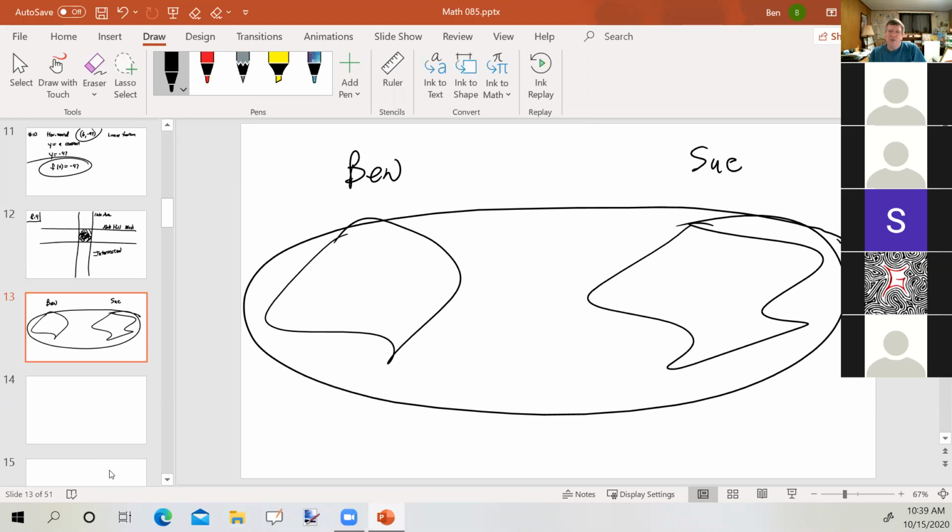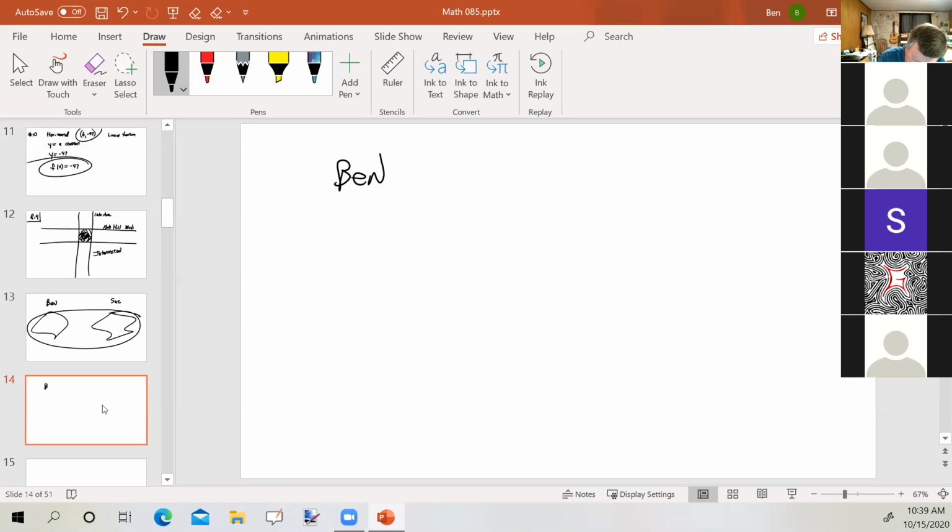So intersection is where the two overlap, what they have in common. Union is everything from both groups put together. Okay? You all right with that idea? Yes. Okay, let's take that a little further.